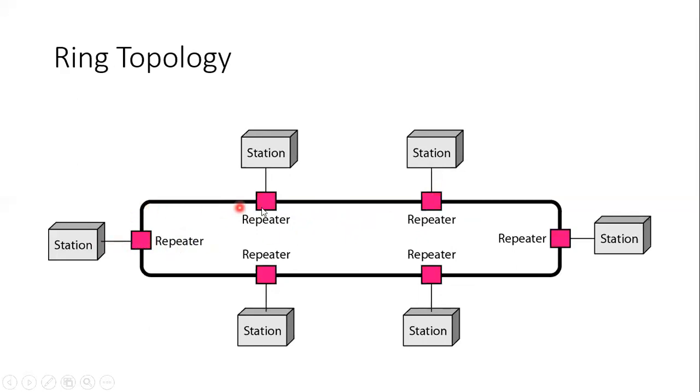When we send the data, this station analyzes it. If it does not belong to this one, it allows the data to travel to the next one, and then the repeater checks its address, and if the address belongs to this station, it receives the data. So this is called a ring topology.